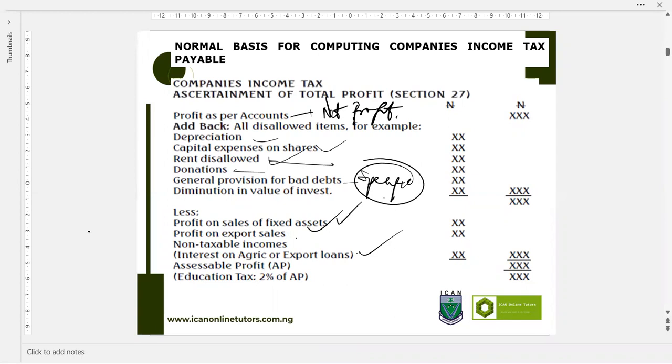So thereafter, you deduct allowable expenses omitted.